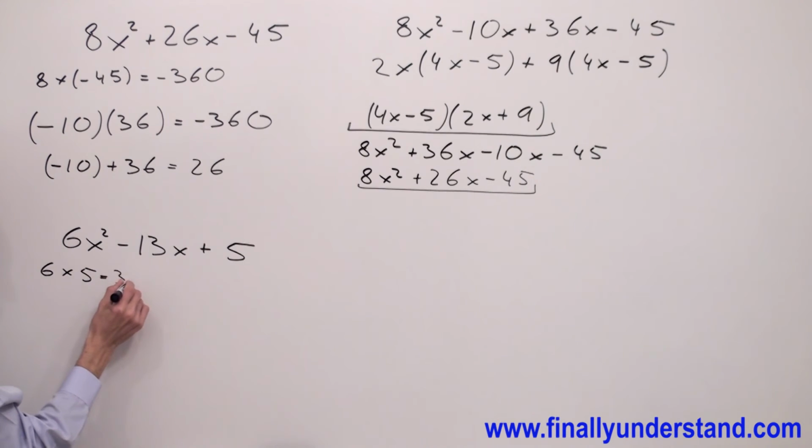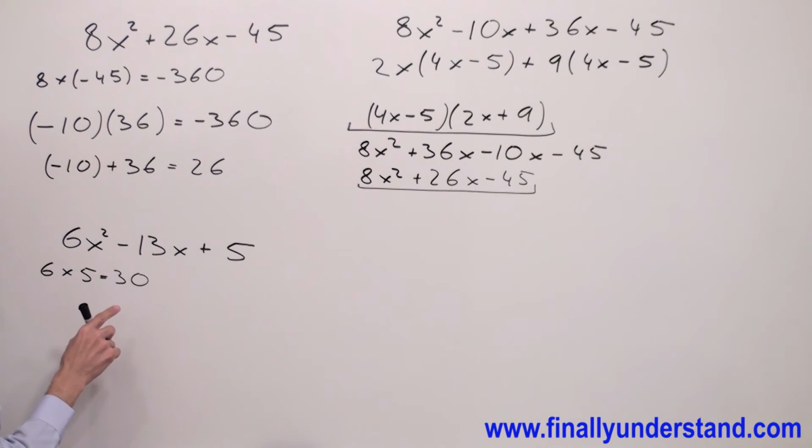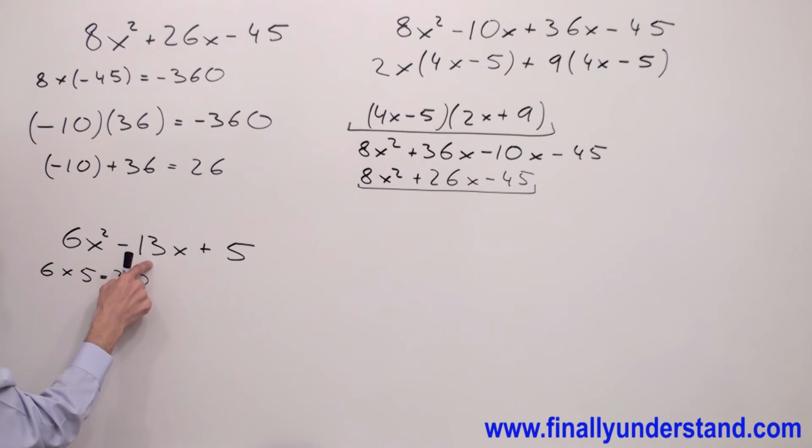We're supposed to ask the question: what numbers multiplied together are going to give me 30, and the same numbers added to each other are going to give me negative 13?